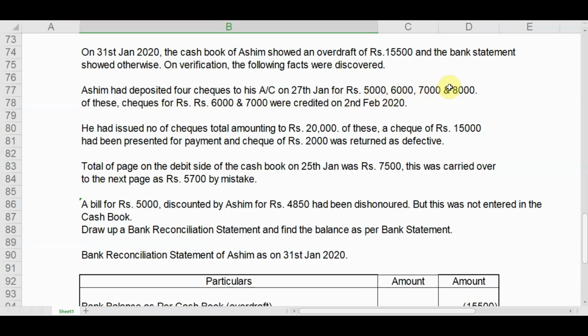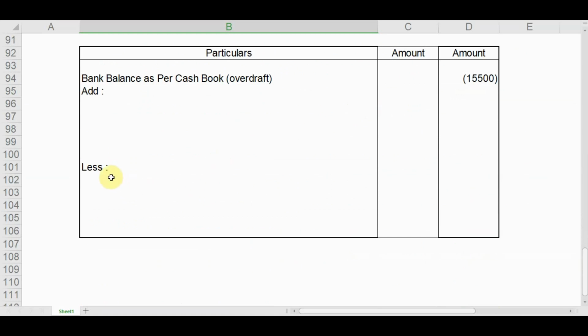So it is assumed that the rest 2 checks, that is 5,000 and 8,000, were credited on or within 31st January. So, checks deposited but not credited within due time: the cash book balance has been increased and the passbook balance has been decreased. So we will reduce the cash book balance, that is, we will write this as an adjustment under deduction.